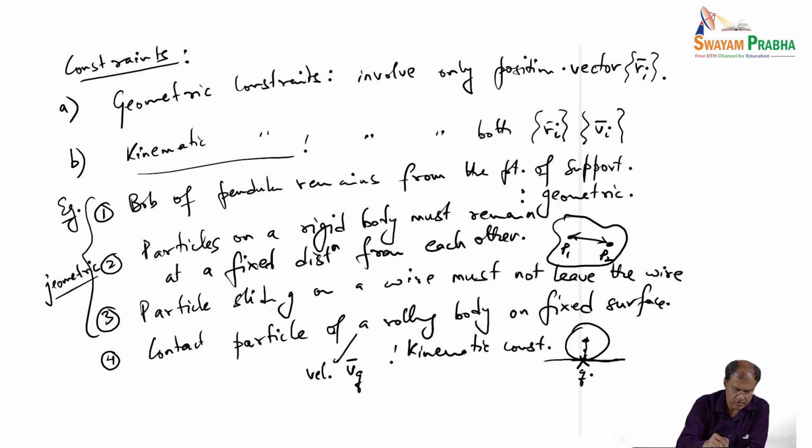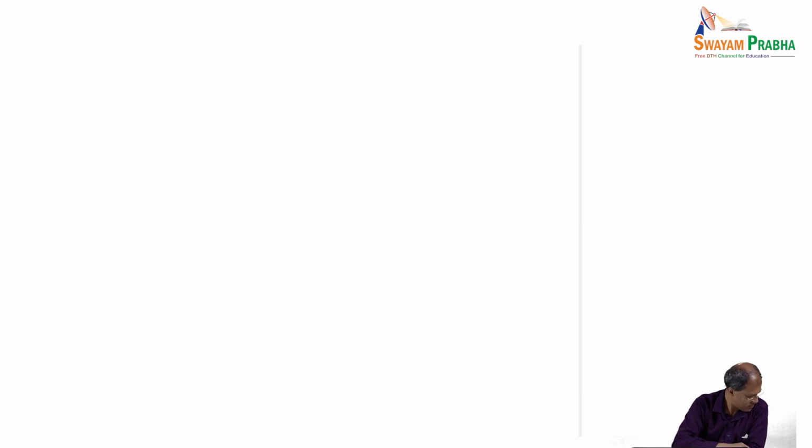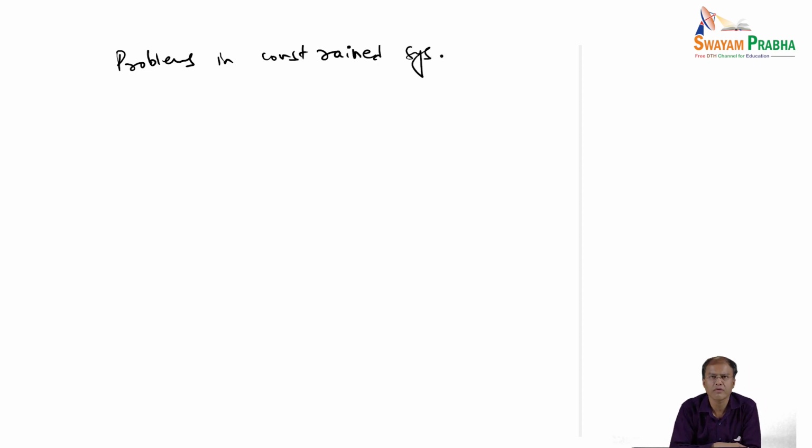Okay, so then let us take more examples. Let us now first discuss what are the problems involving systems having constraints. So there are two major problems in constraint systems. The first one is that typically the Newton's equations will not apply.